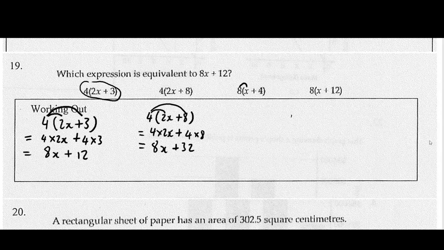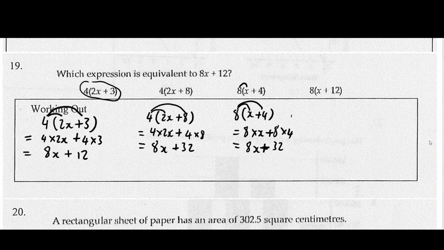Then we've got here 8x plus 4. That's going to be 8 times x plus 8 times 4. 8 times x is 8x plus 8 times 4. 8 fours, 32. Alright. Next one.